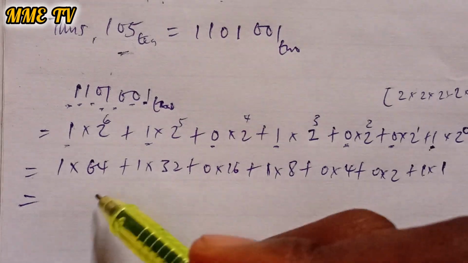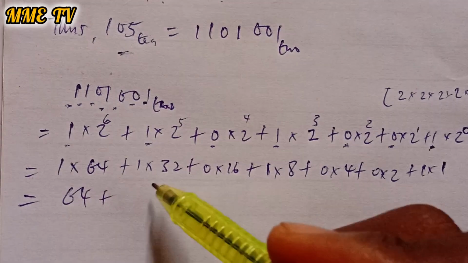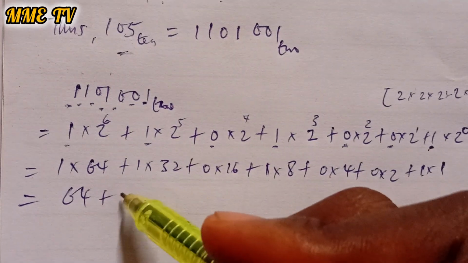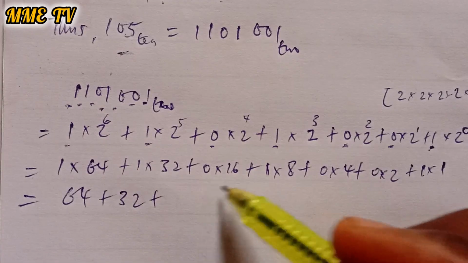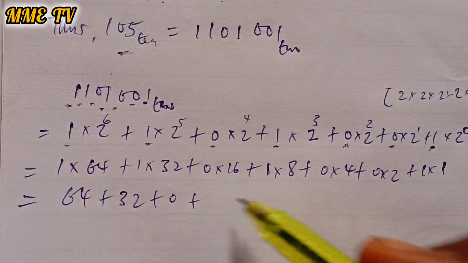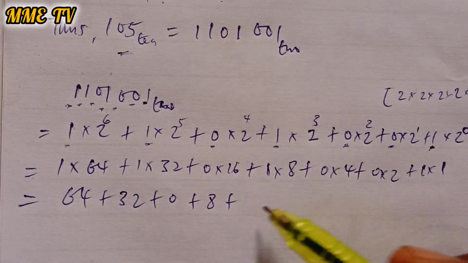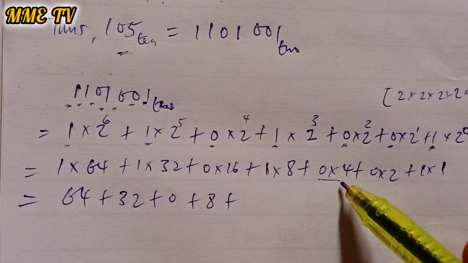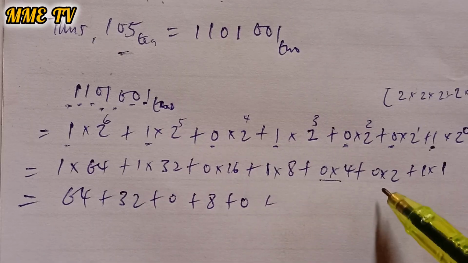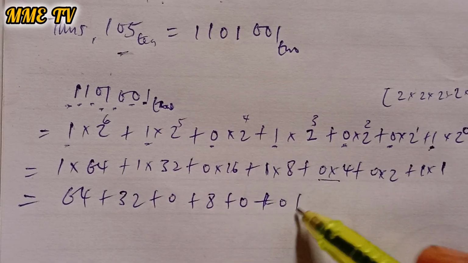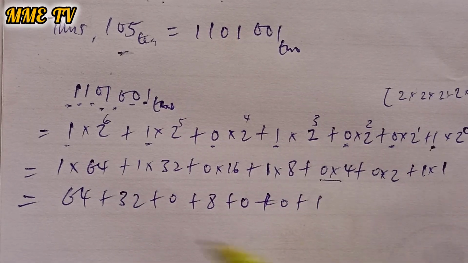1 times 64, 64, plus 1 times 32, 32, plus 0 times 16, 0, plus 1 times 8, 8, plus 0 times 4 here, which is 0, plus 0 times 2, 0, plus 1 times 1, 1.